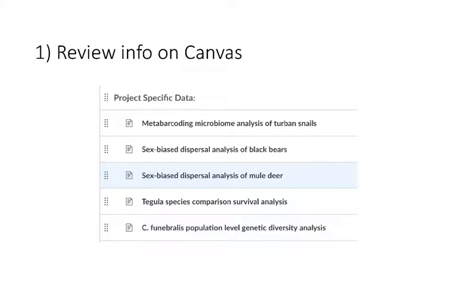I have information for each of you on these respective pages that gives some supplementary methods to describe what was done in terms of how the data was collected, what particular markers were used. I have some publications for some of you, so make sure you review the information on Canvas. That will tell you the information you need to write, again, specifically that data collection subsection.